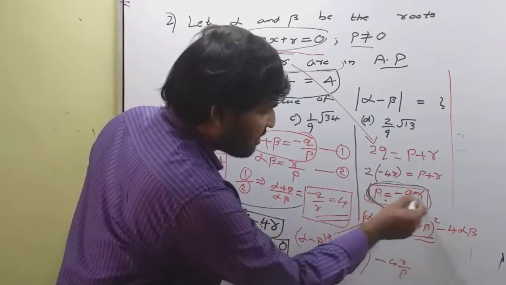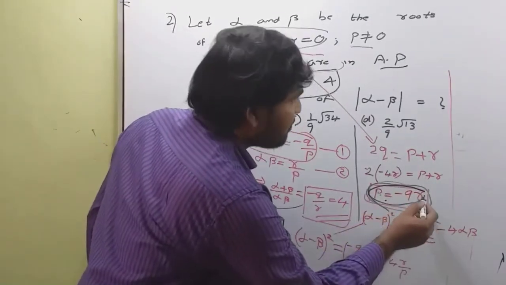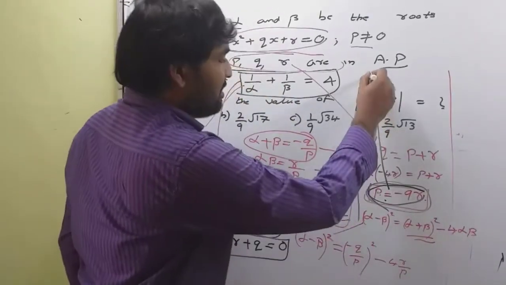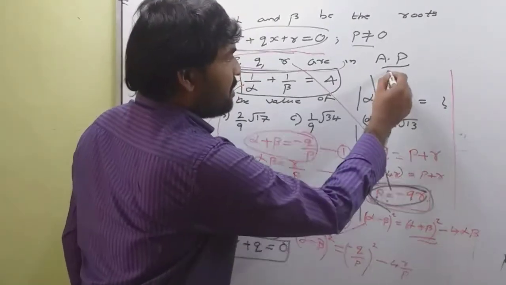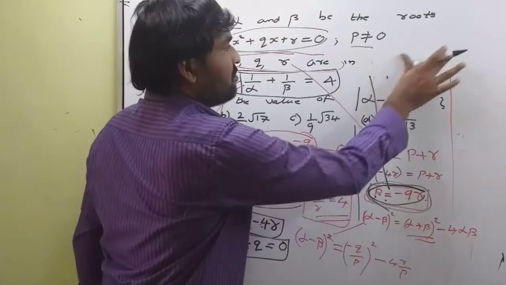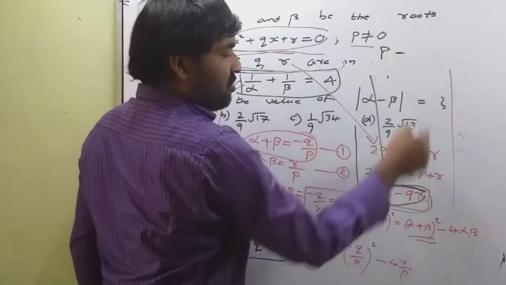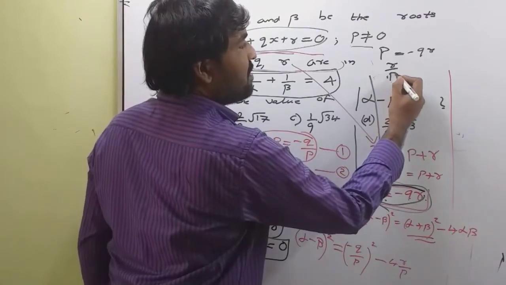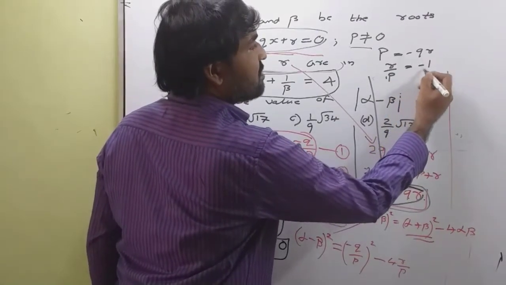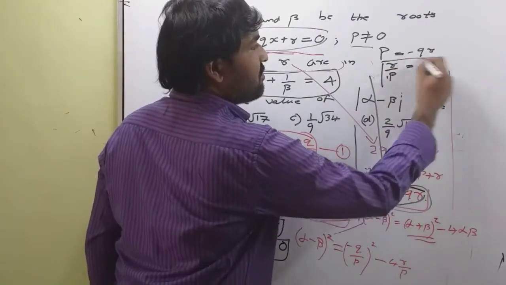Considering the other equation, p is equal to minus 9r, so r by p is equal to minus 1 by 9.